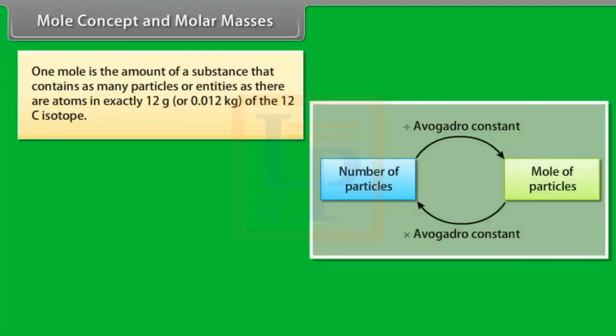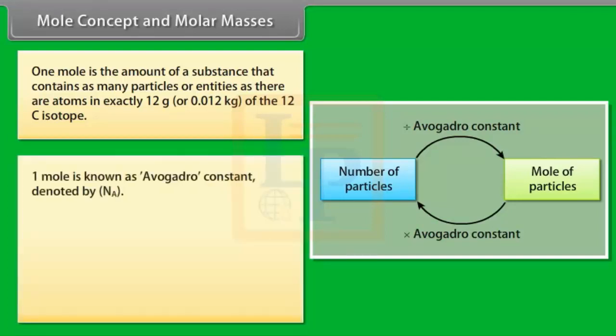Mole concept and molar masses. 1 mole is the amount of a substance that contains as many particles or entities as there are atoms in exactly 12 gram or 0.012 kg of the 12C carbon isotope. 1 mole is known as Avogadro constant, denoted by NA.